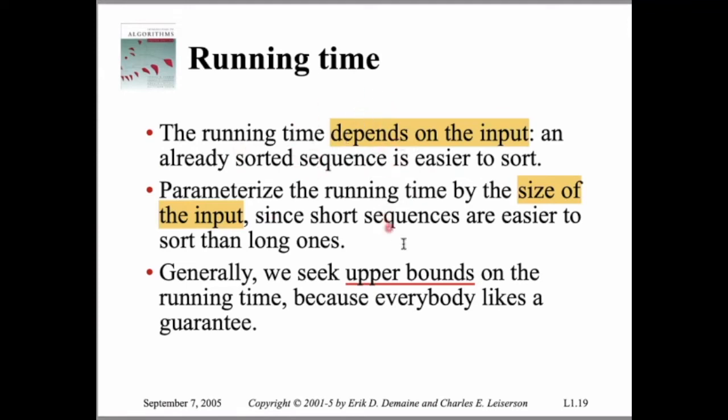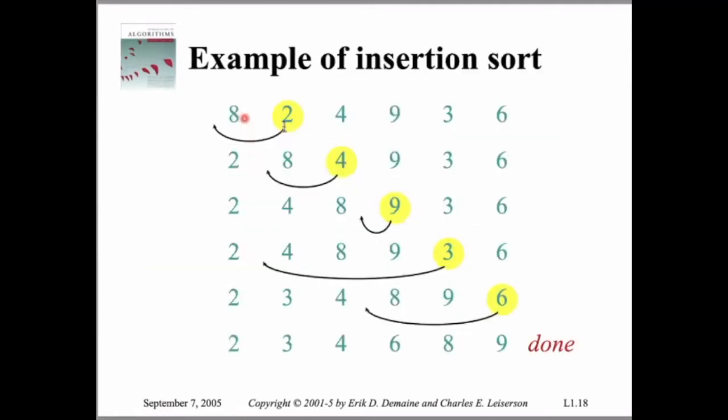The second criteria is with respect to the size of the input. So for this one, 1, 2, 3, 4, 5, 6, if we have 6 na n or total number of elements, mas mabilis mag-run ito compared if we have 100 items to sort or 1 million items to sort.